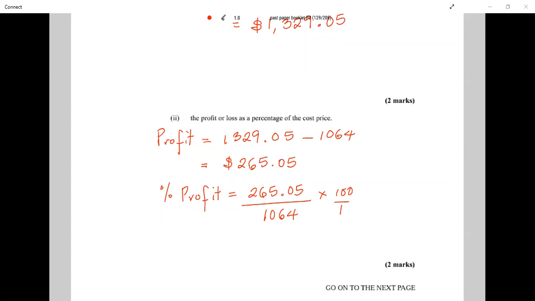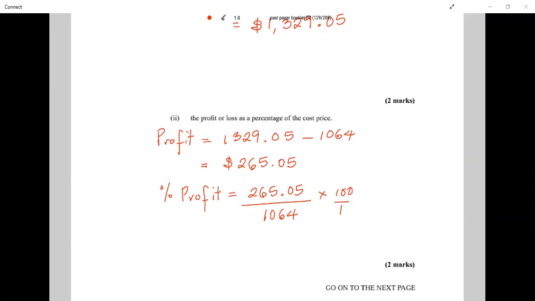To express one number as a percentage of a second number, you must write the two numbers as a fraction. The number that comes immediately after the word "of" must be the denominator. Then you multiply the fraction by 100. All right, so it's 265.05 times 100, and then you divide by 1064.